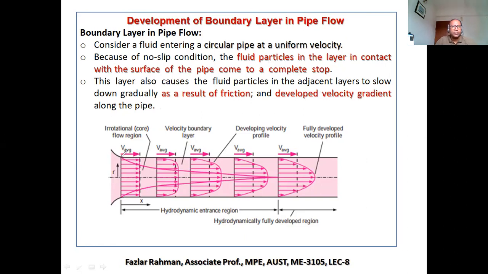If this fluid particle's velocity is 0, then it will try to hold this fluid particle. It says, don't run, please stick with me. So it slows down its velocity, and gradually this results in friction. A velocity gradient develops along the pipe. That means along the pipe, there will be a change of velocity.